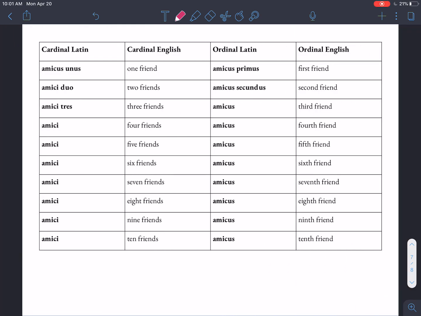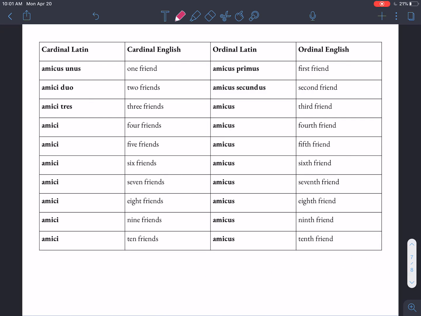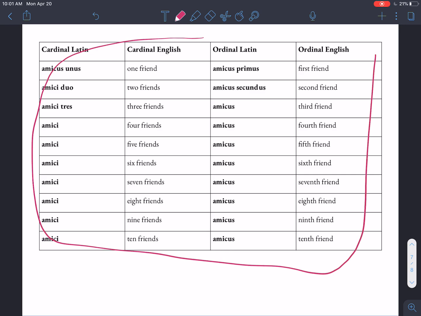Now, what we just did here, I'd like to see if you can try that on your own with this one. Pretty much all I'm asking you to do, I've already given you the noun form. I did the first 3 for you, just write in here your cardinal numbers from 4 to 10.